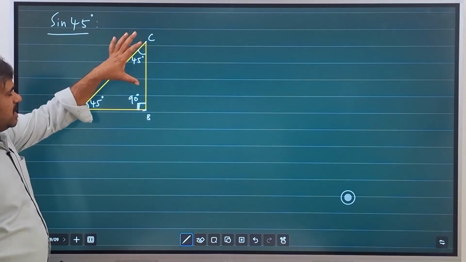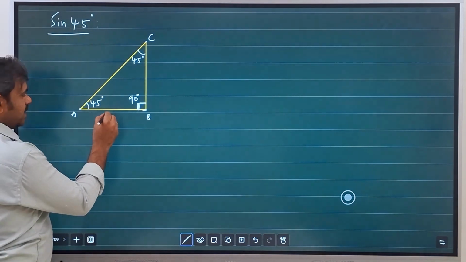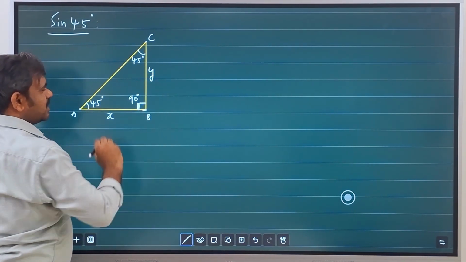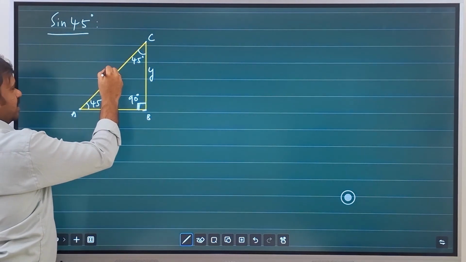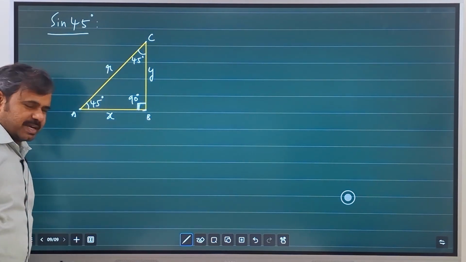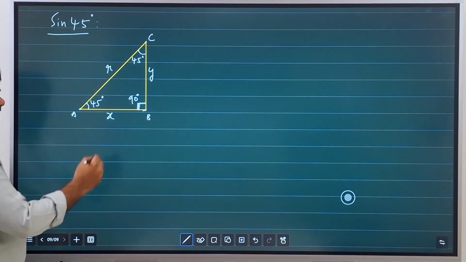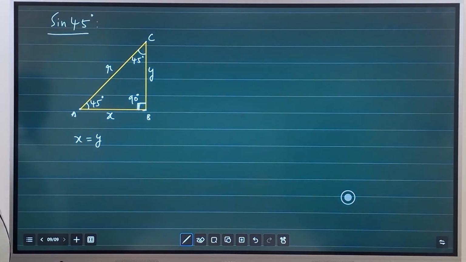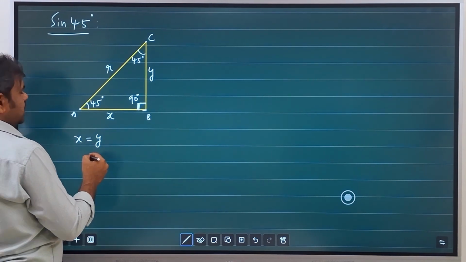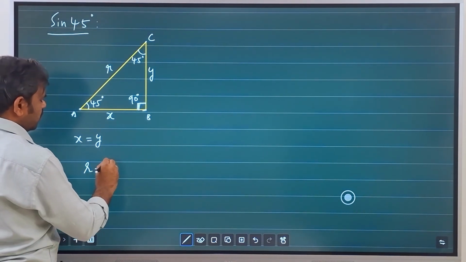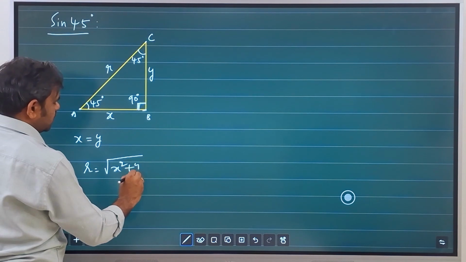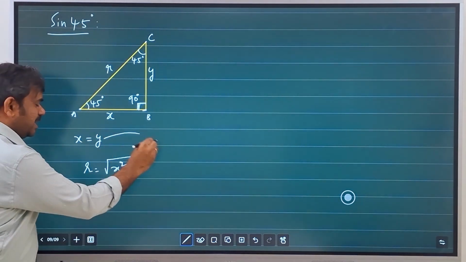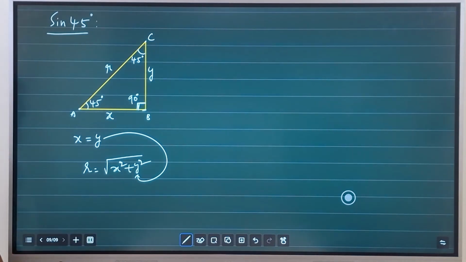So AB is equal to BC. Adjacent side of angle 45 degrees is equal to opposite side of angle 45 degrees. Let me call this side R, and let X be equal to Y. And since X is equal to Y, R is equal to root of X square plus Y square, by Pythagoras theorem. Substitute Y equal to X here.